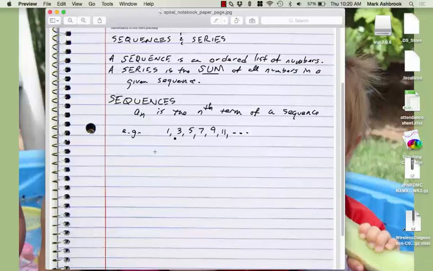Okay, so if we wanted to write this sequence as a sub n, what is A3? Easy question. What's A3? 5, right?